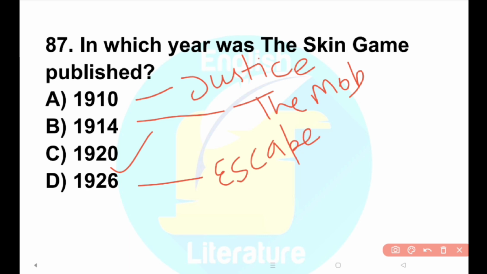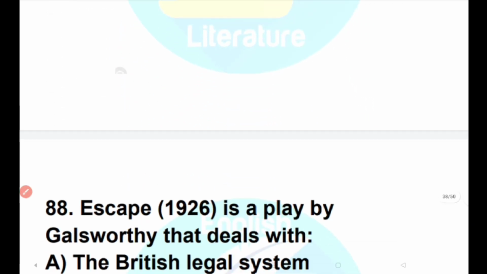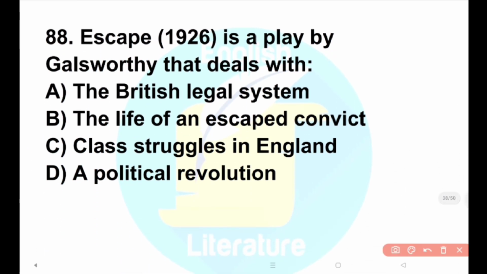Next, Escape, 1926, is a play by Galsworthy that deals with option B, the life of an escaped convict.